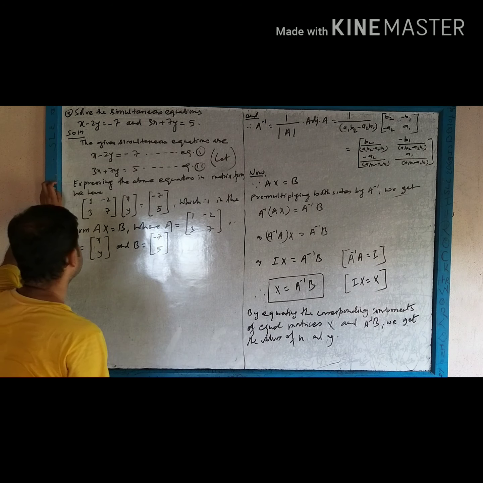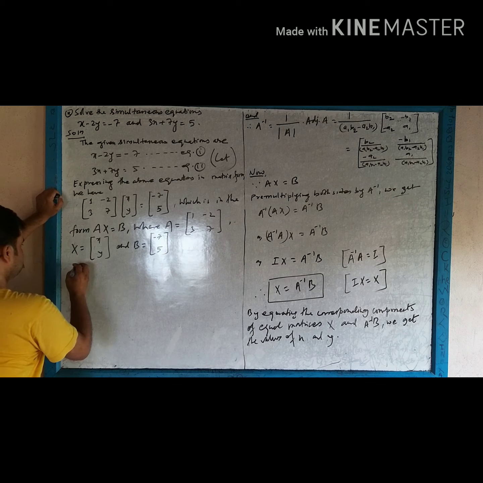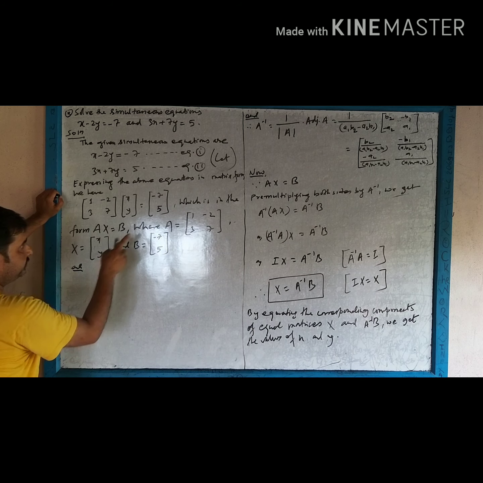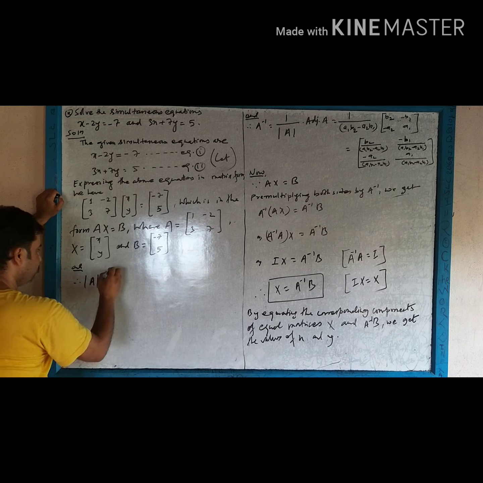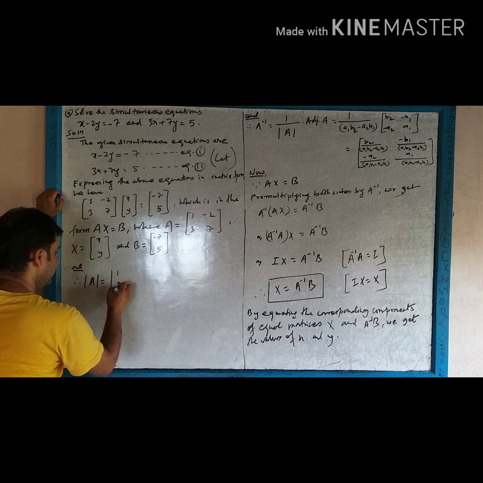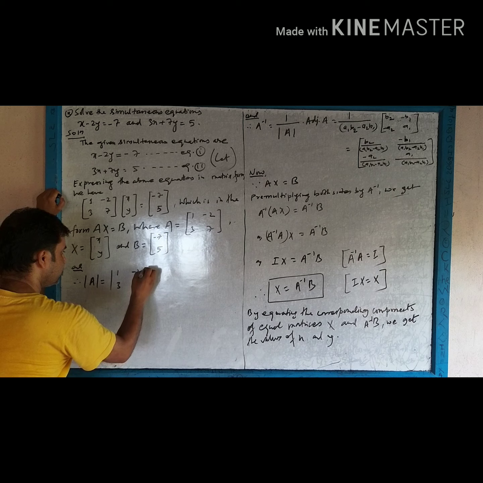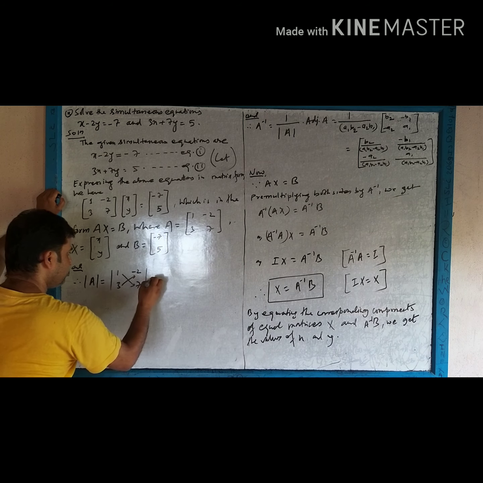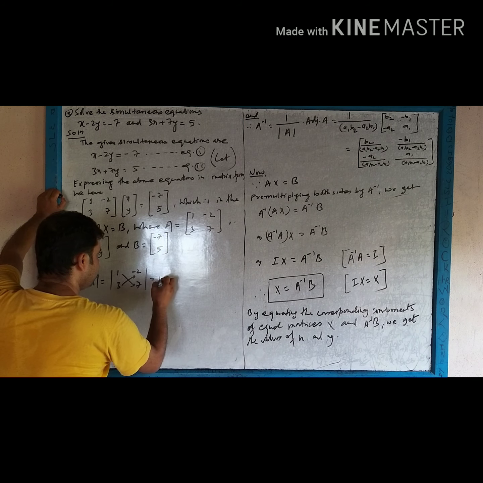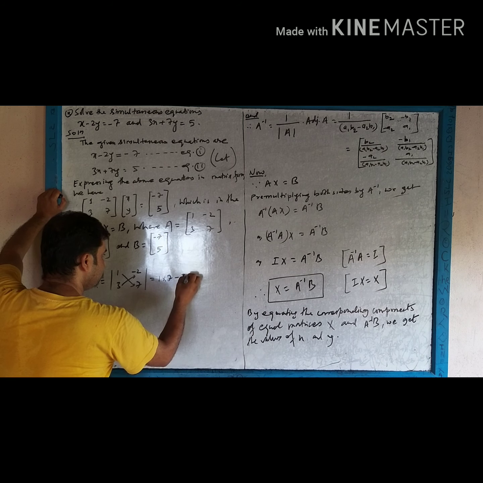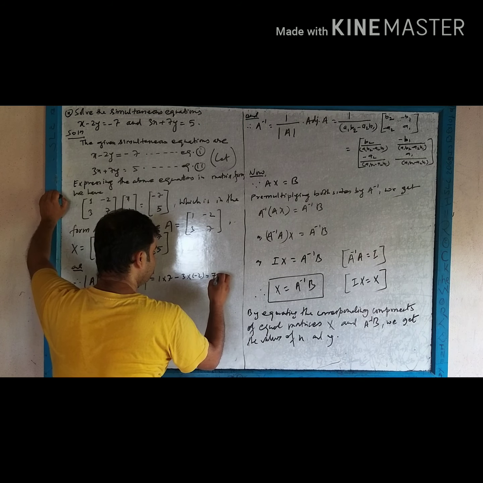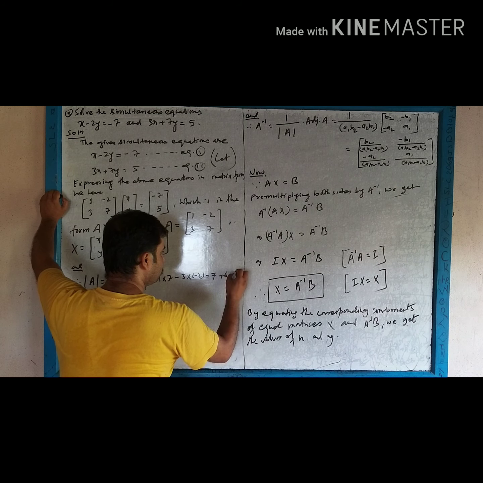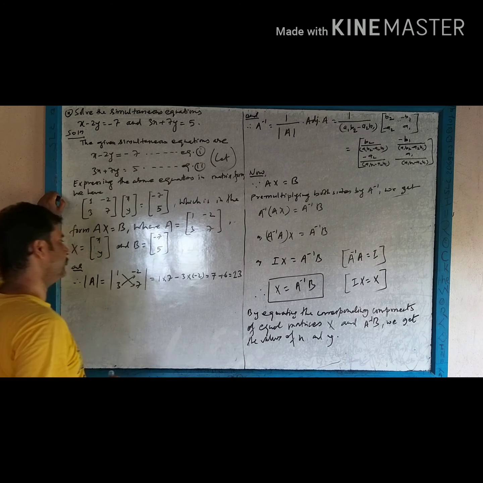So let's find the determinant. Determinant of A is equal to how much? 1, 3, minus 2 and 7, cross multiply. So it becomes 1 into 7 minus 3 into minus 2, which is 7 plus 6, the answer is 13.